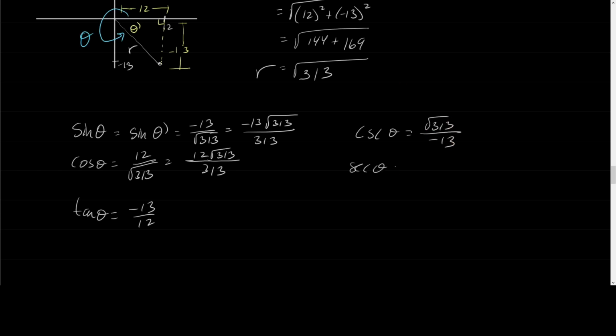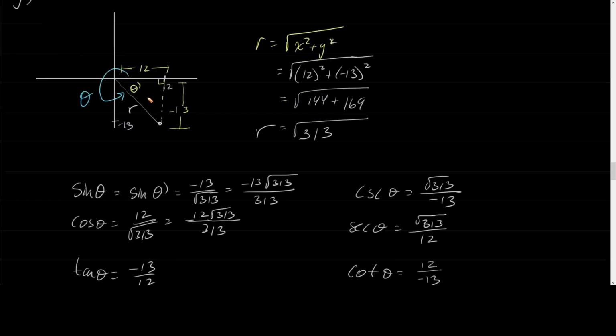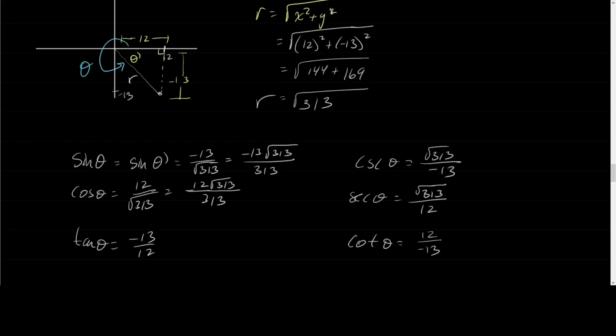Secant was hypotenuse over adjacent, so radical 313 over 12. And cotangent was adjacent over opposite, so 12 over negative 13. We already had that though, right? Negative 12 over 13 is equivalent. But yeah, so that's the 6 trig function values here, using the reference angle to look at this triangle.